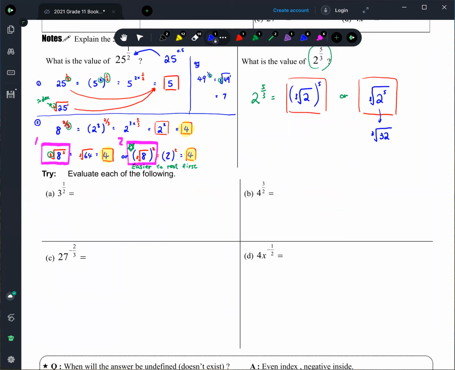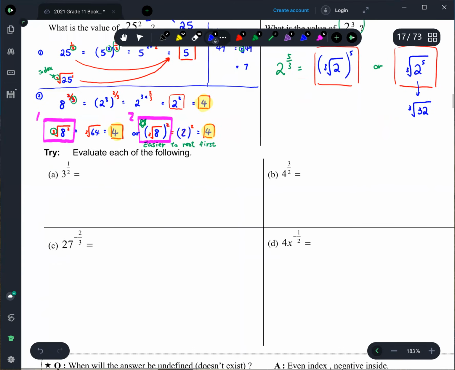All right, so let's look at these 4 examples. Each of the 4 examples is different. Some of them you can evaluate, some of them you can only write as a radical. If you look at question C, it has a negative. You can think about what negative does, from last week. And question D has a variable and also a negative half. So think about what it does.